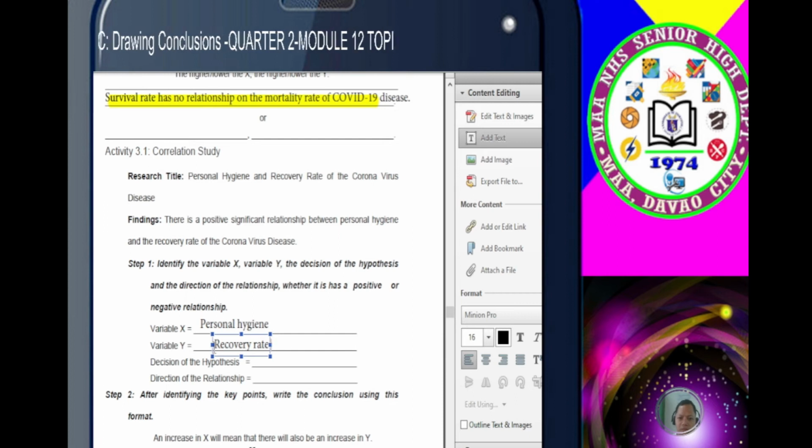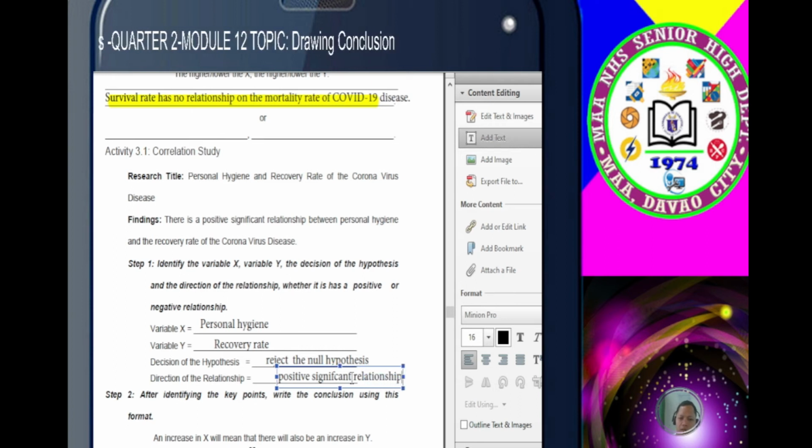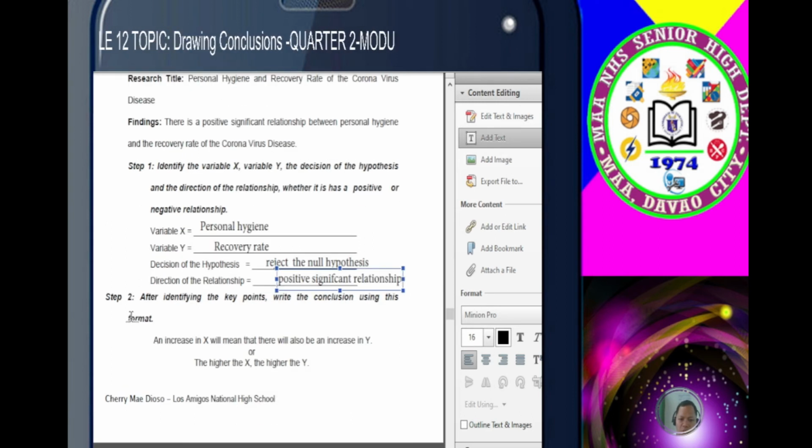Okay, then the decision here is, are we going to accept or reject the hypothesis? We will reject the null hypothesis. Then our direction is positive significant relationship. Okay, then we will now have our conclusion.